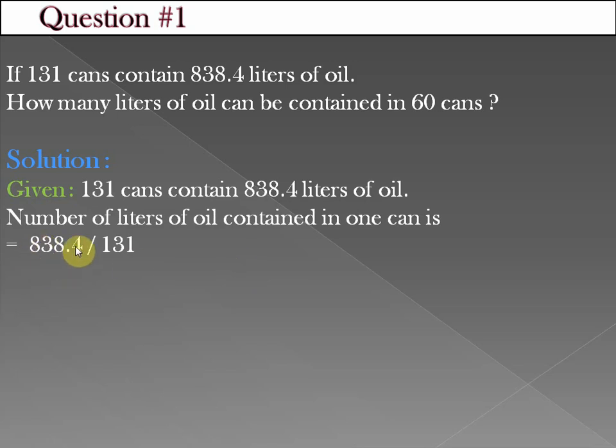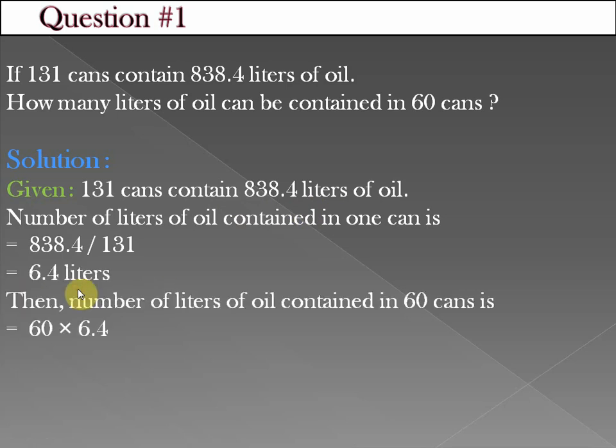So the total amount of oil is divided by the total number of cans. The given data is that 131 cans contain this much oil. So we get the value 6.4 liters per can. We need 60 cans to contain the oil, so we just multiply by 60. We get the answer: 384 liters is in the 60 cans.